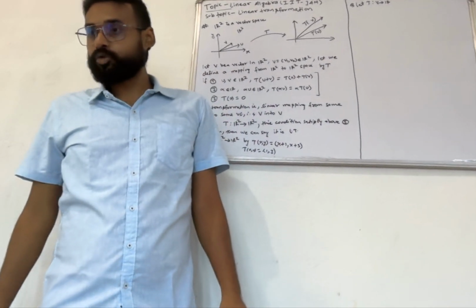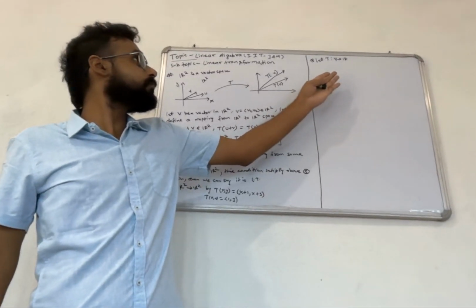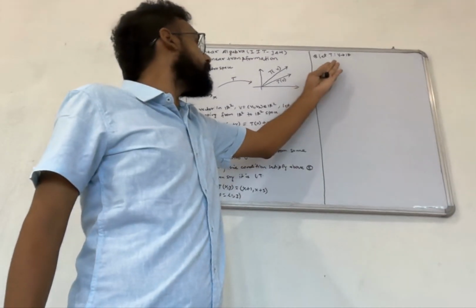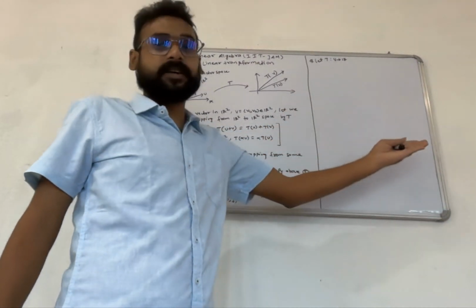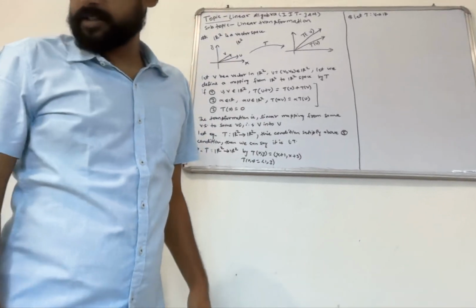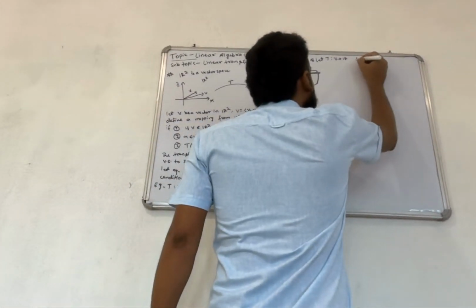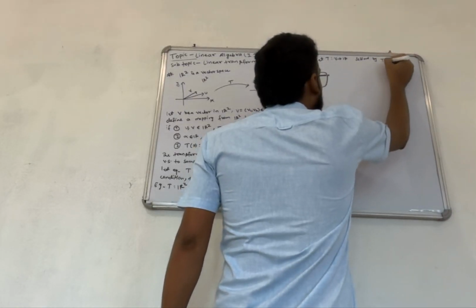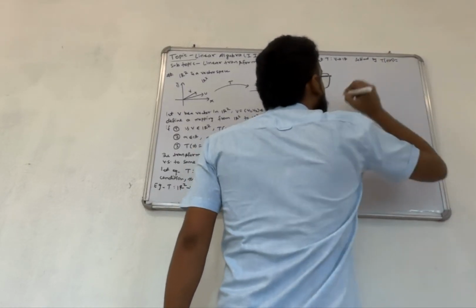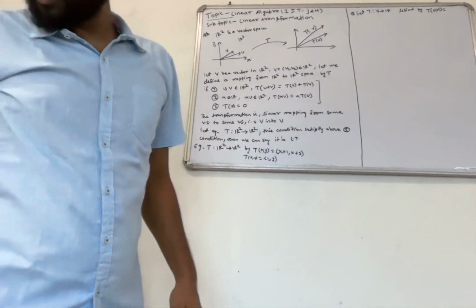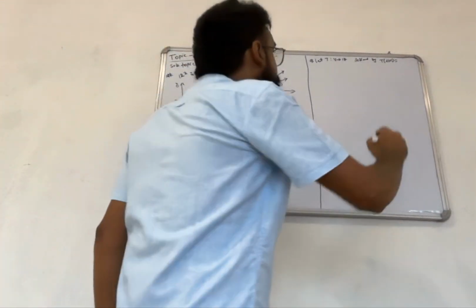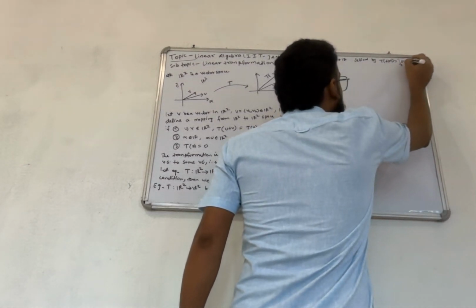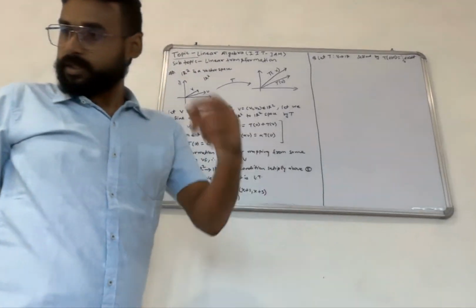So we can define a mapping from a vector space to a scalar field, defined by T of f is equal to the integral from 0 to 1 of f(t) dt. Okay, now it is fine.